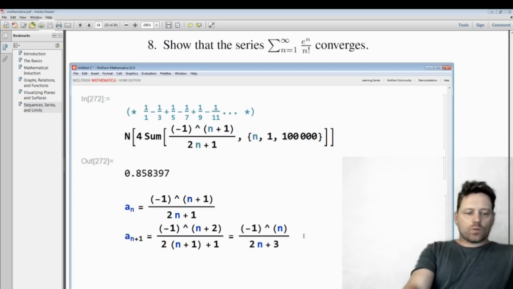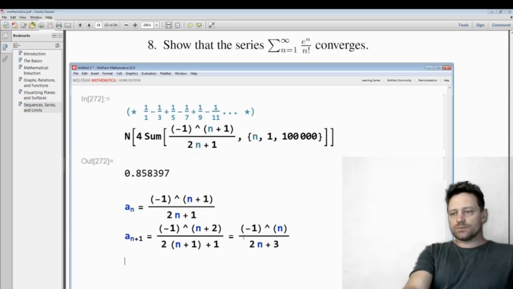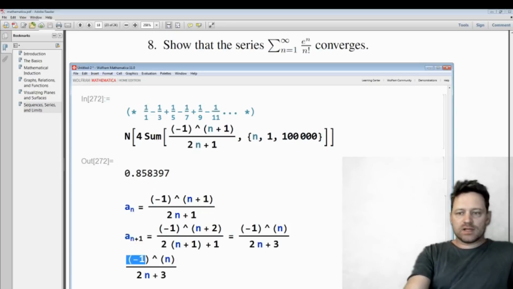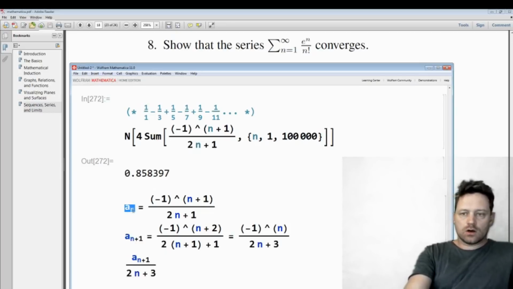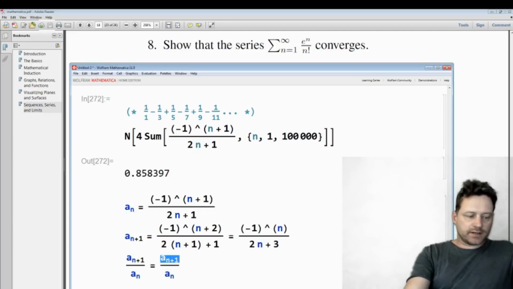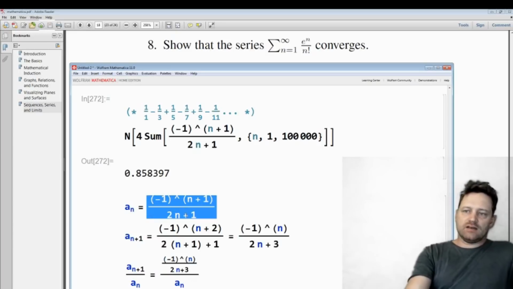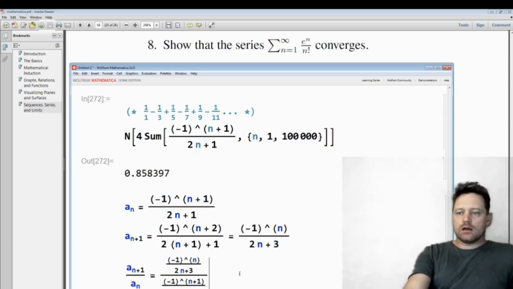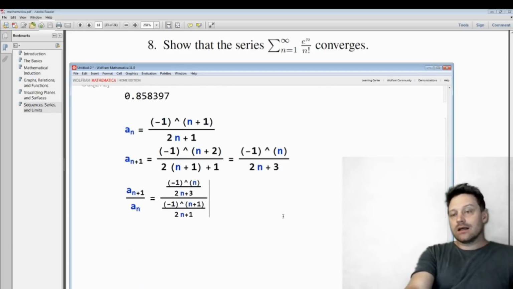Now we are interested in the ratio, so let's copy a fraction. a_(n+1) over a_n is this in the numerator and this in the denominator. Okay, so let's simplify that.